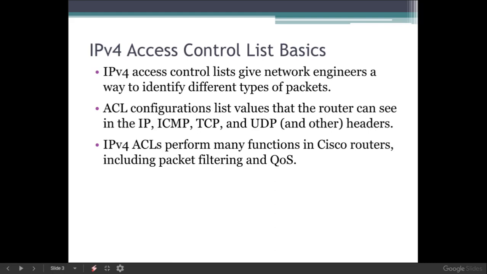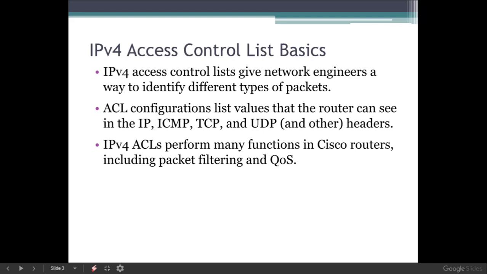IPv4 access control lists can be used to determine what kind of packets you want to allow or disallow inside your network. So you can identify the packet type and make some decision on it.